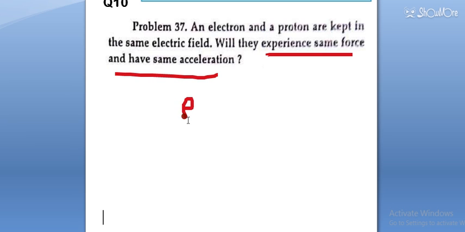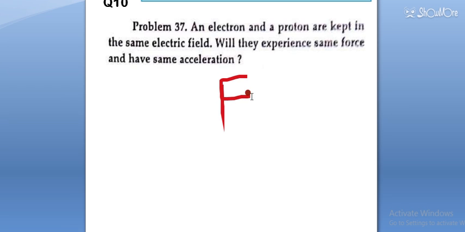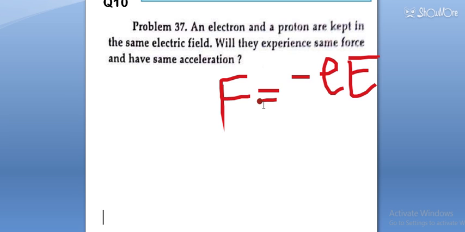The electron will experience a force equal to minus e into capital E. This will be the force experienced by the electron, and the minus sign means the electron will experience a force opposite to the given electric field.